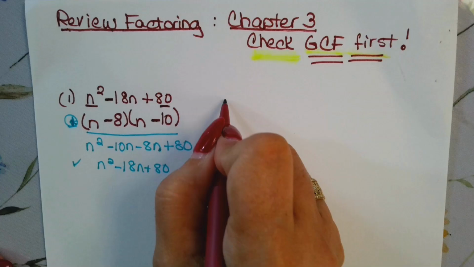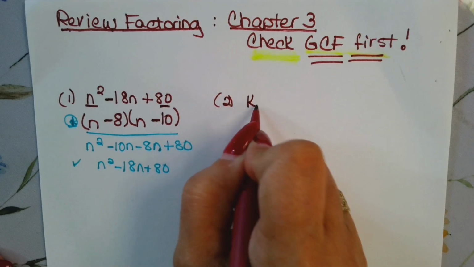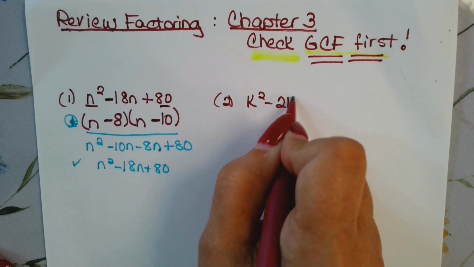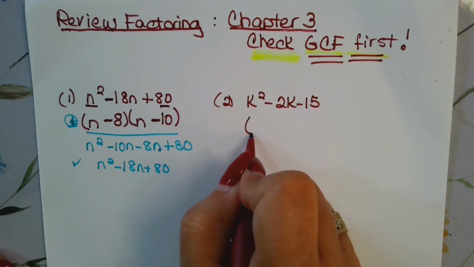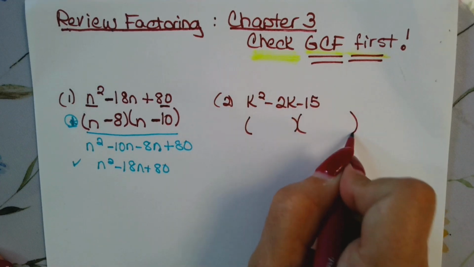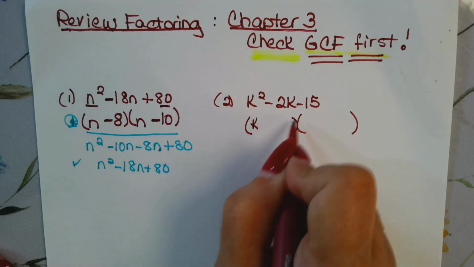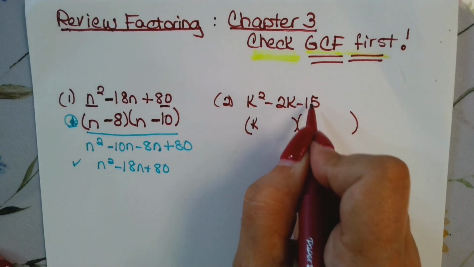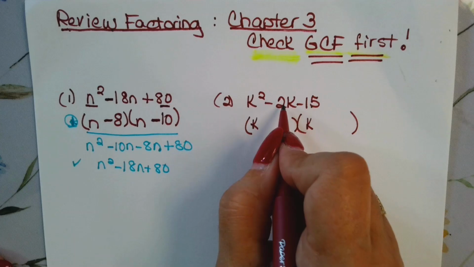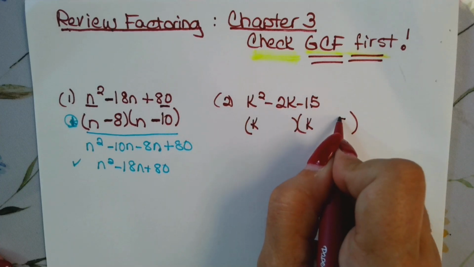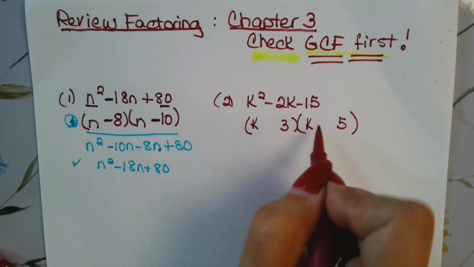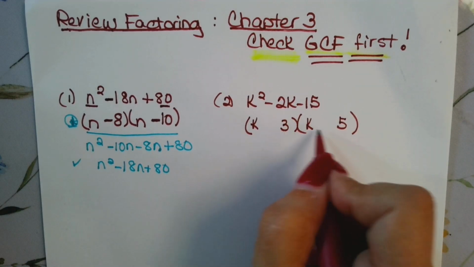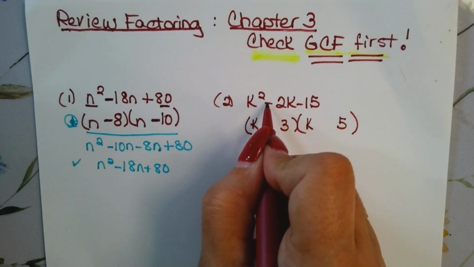Okay. Number 2, we have k squared minus 2k minus 15. Again, factors of k squared are k and k. Factors of 15 that add or subtract to 2 are going to be 5 and 3. How to determine whether it's positive or negative here: we look at the original.